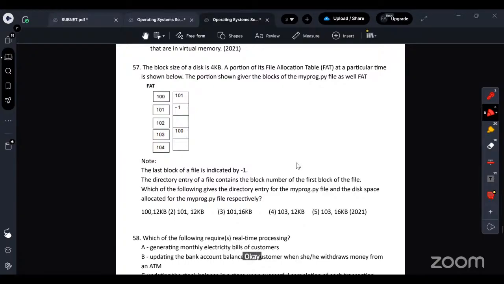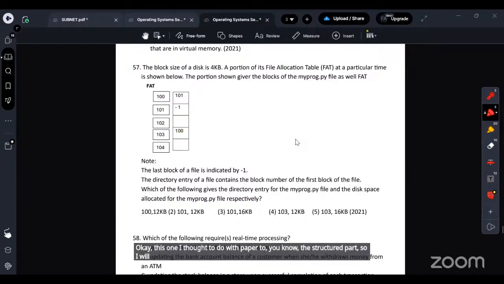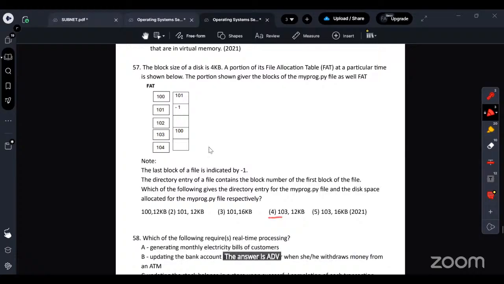Okay, this one I thought to do with paper, the structured part. So I will leave this. The answer is anyway 103 actually. So it starts with, you map it this way. So it ends with what?